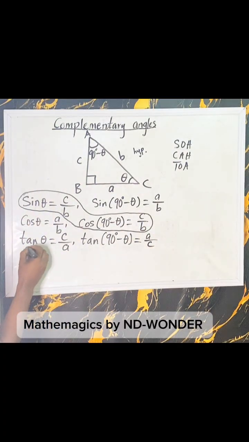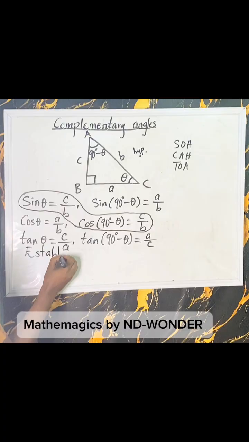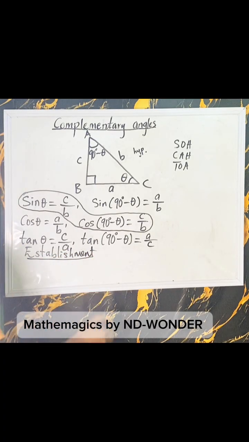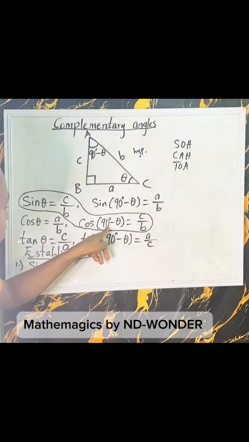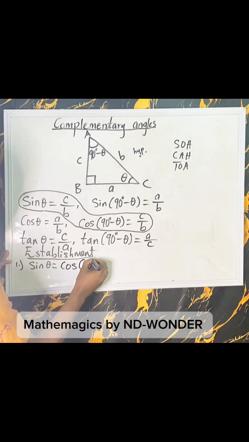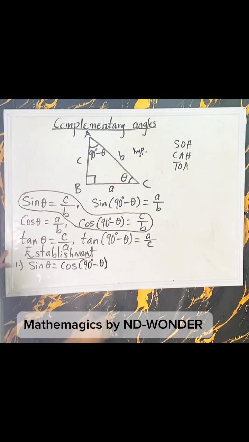So going into establishment, we can now deduce that sine theta will be equal to cos 90 minus theta. This is the first establishment. Going into the second establishment, cos theta is a over b and sine 90 minus theta is also a over b.